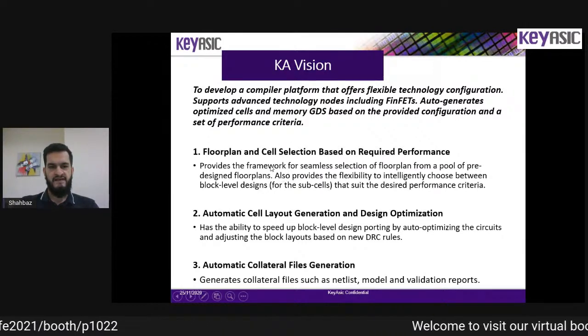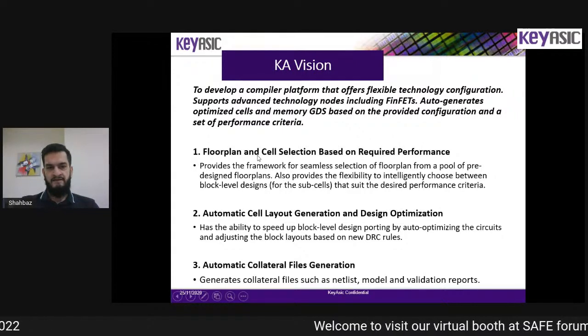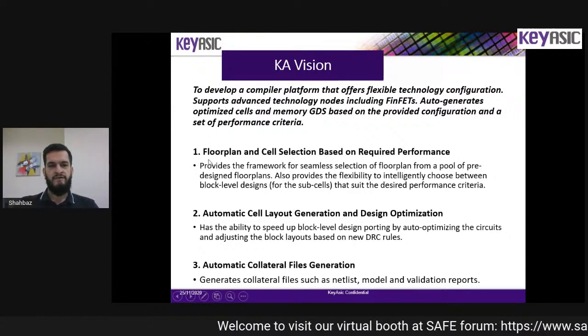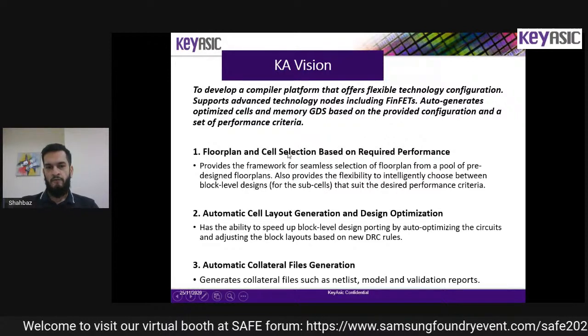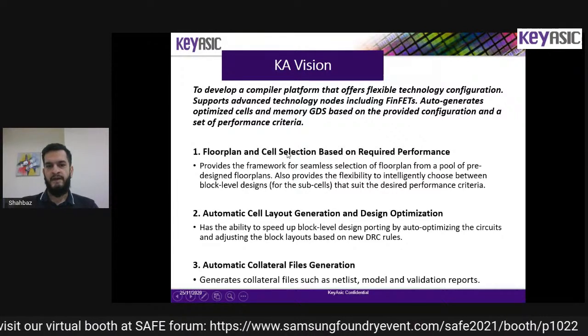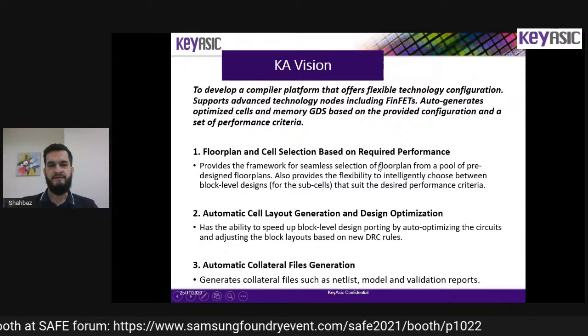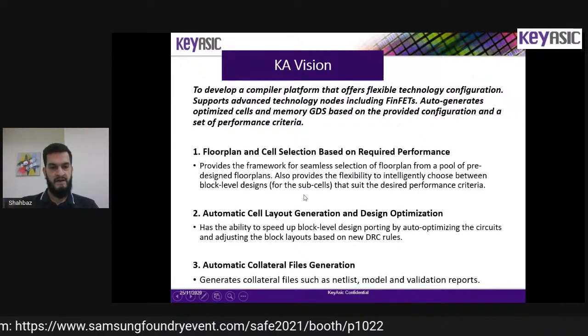So the strategy that Key ASIC has is to do optimizations at both floor plan and cell level, right? By selection of the cells appropriately based on the required performance by the user, right?